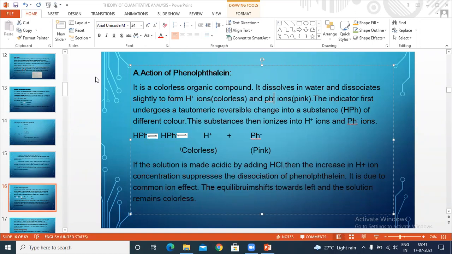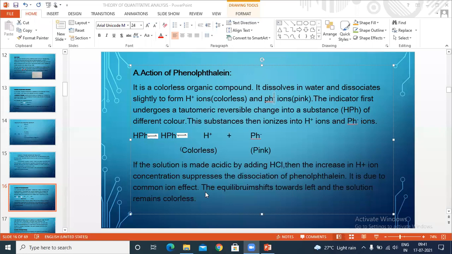The two forms of a single compound are tautomers, which we can observe basically in carbonyl compounds in most cases. In one form it is the keto group, C double bond O. In the other it is an OH group, an alcoholic group. So we can simply call it keto-enol tautomerism.